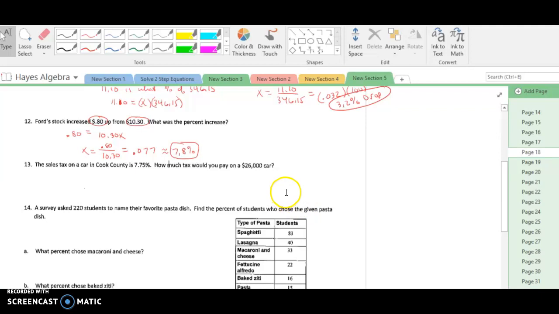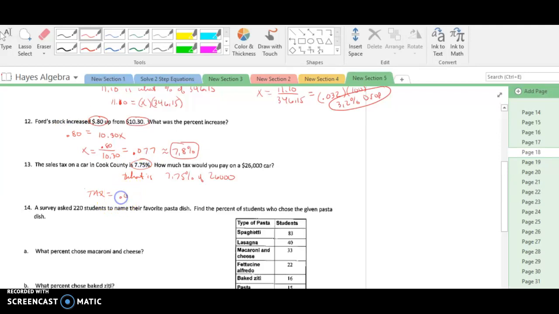The sales tax on a car in Cook County is 7.75%. How much tax would you pay on a $26,000 car? All right. What is, right, 7.75% of 26,000, right? So remember, anytime you do sales tax, all you're doing is changing the percent to a decimal.